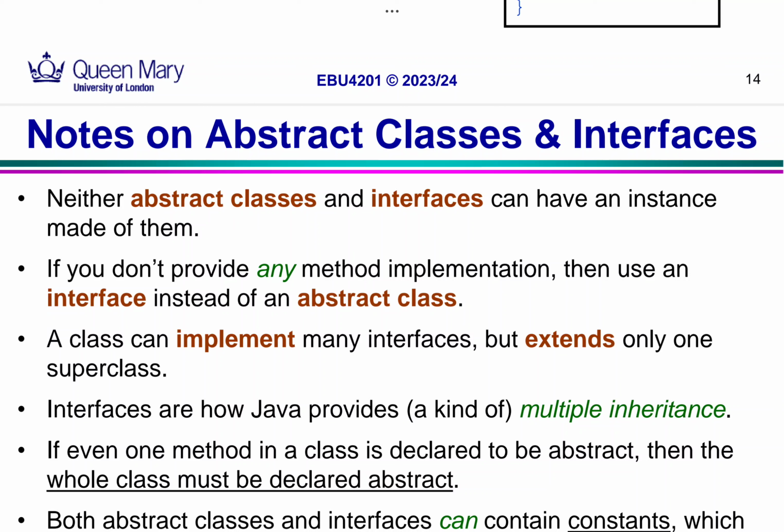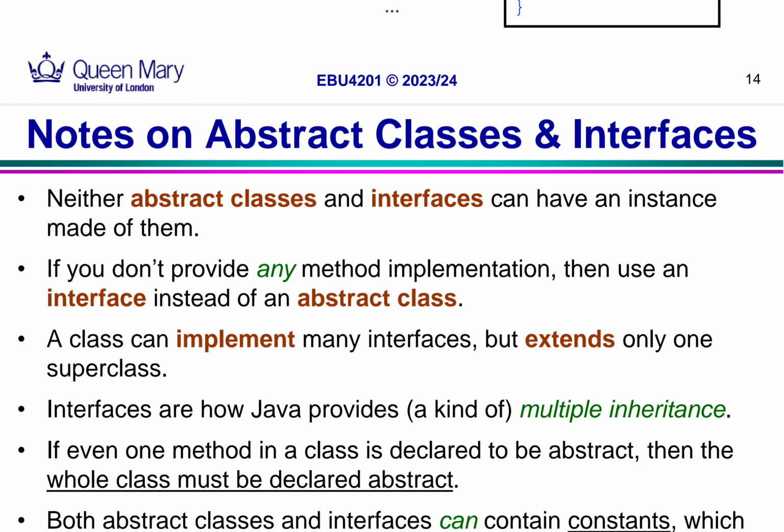If you don't provide any method implementation, then use an interface instead of an abstract class.